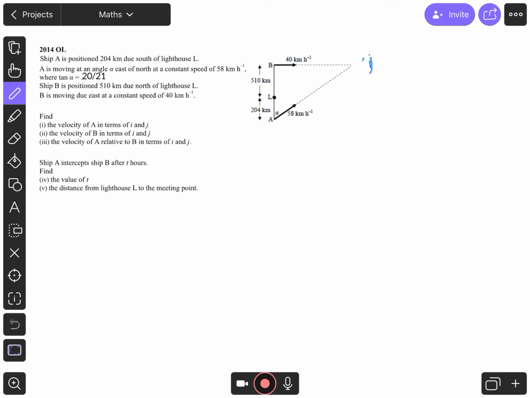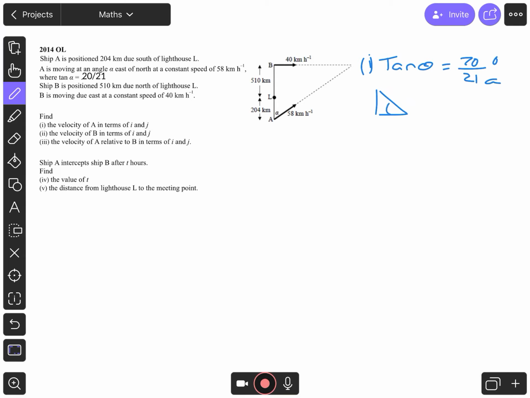So for part one, we need to find what that angle is. We don't know the angle, but we do know that tan of the angle equals 20/21. If I draw my right angle triangle, I have opposite and adjacent for tan.